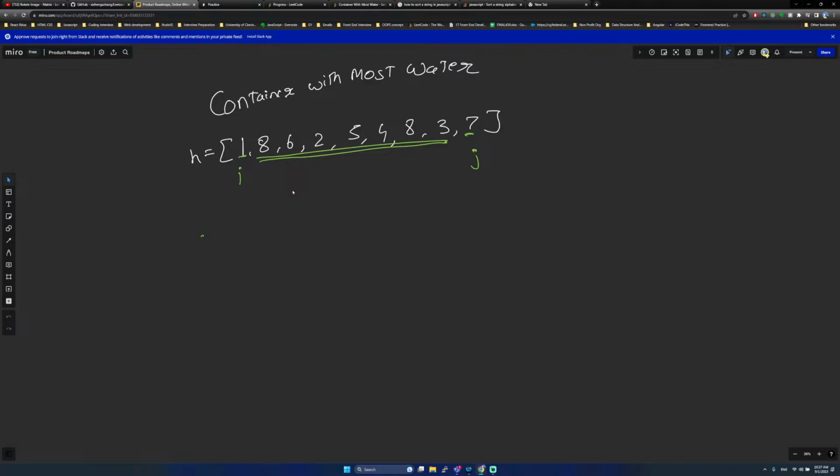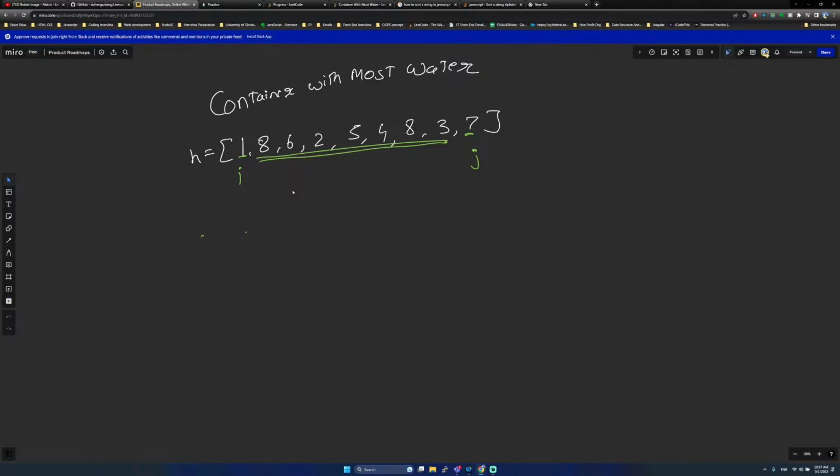So we'll get the area, and we'll keep on doing this until we have traversed the entire array. So I guess that would be the solution. Let's try to run this. i and j are here. We calculate the area and store it in the variable max area.